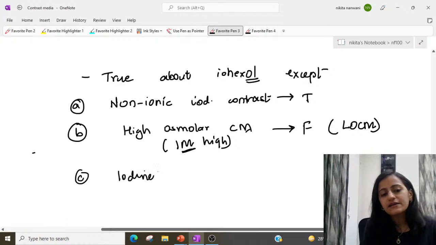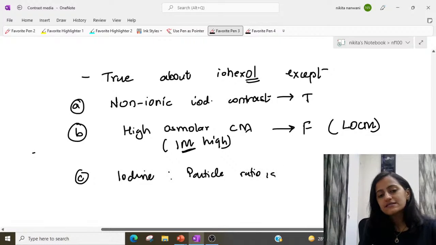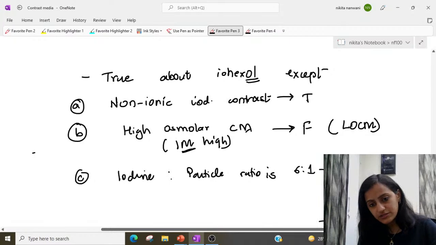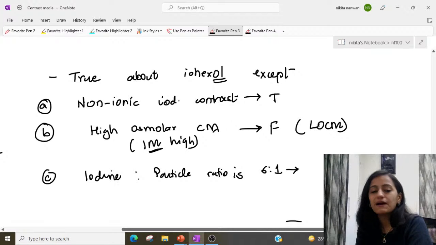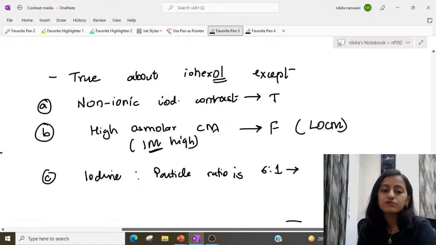Iodine particle ratio is 6 is to 1. True or false?